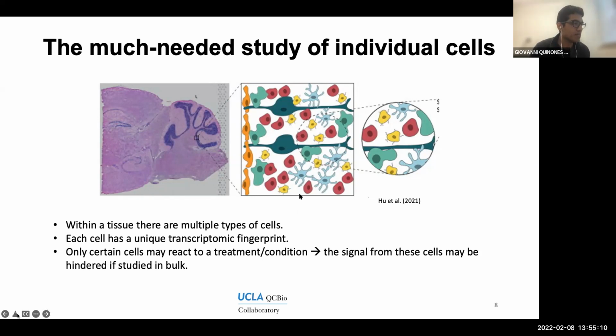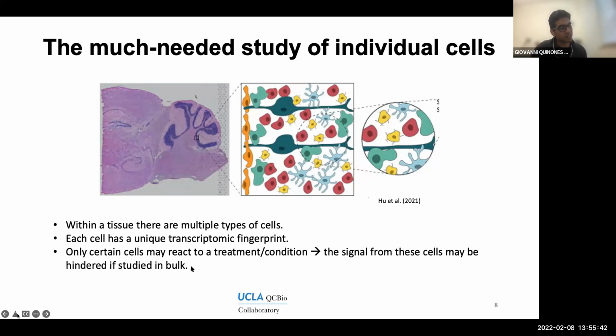So say whatever condition, whatever stimuli you're testing for affects the green cells. So in order to identify these changes, it's important to get a signal that is only for the green cells. And when you perform the study in batch, actually the signal is going to get lost because you are mixing it with the signal from the other cells.